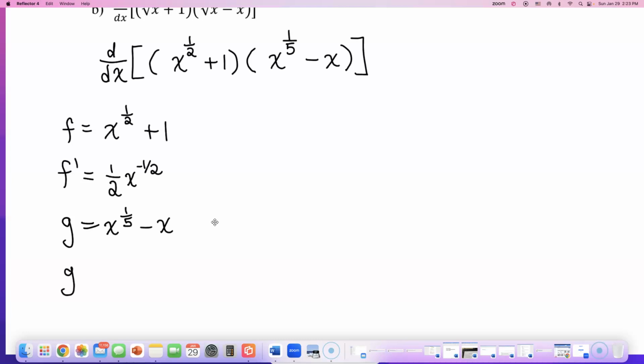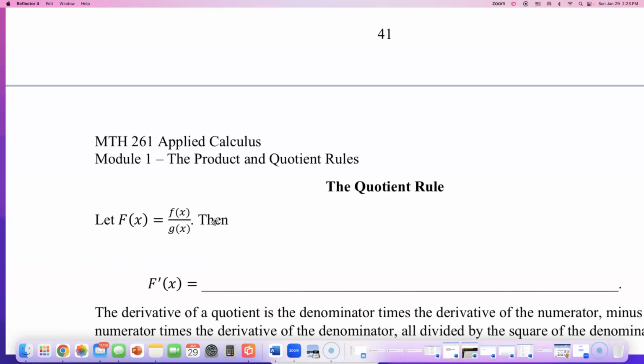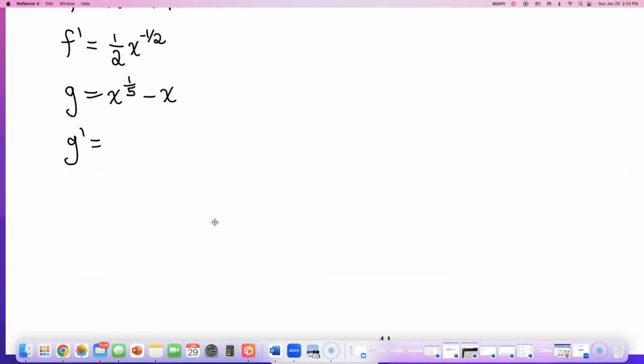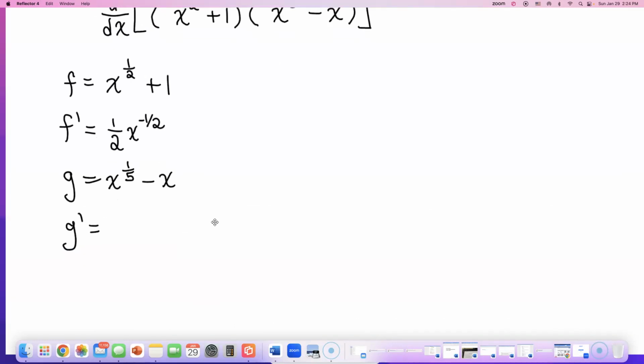If I find the derivative of that, g prime is going to be 1/5 coming down. And if I do 1/5 minus 1, what will that give us? Negative 4/5. And the derivative of x is 1. Okay, that one was a little bit tricky.